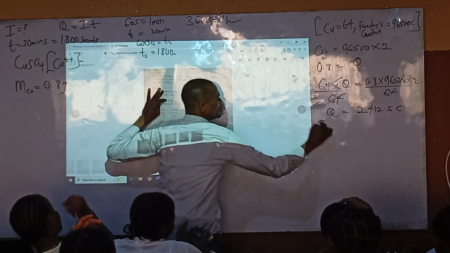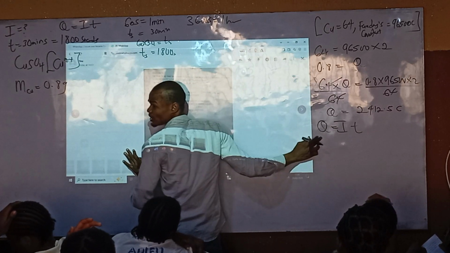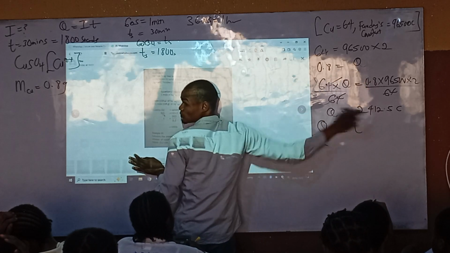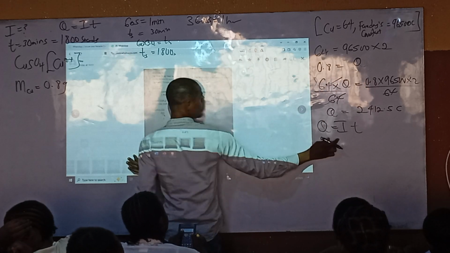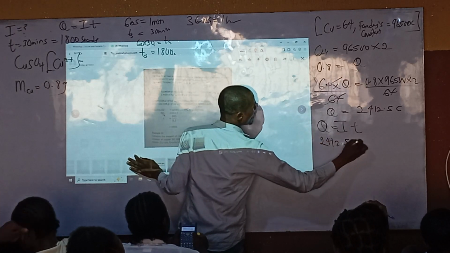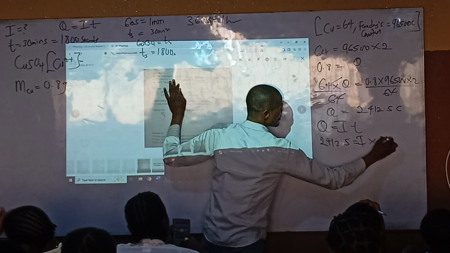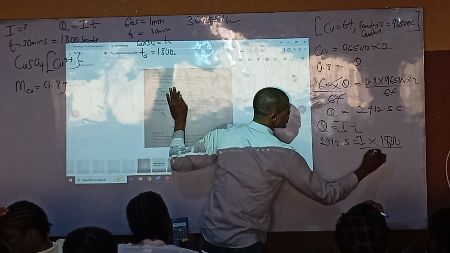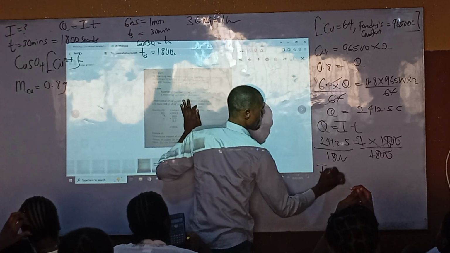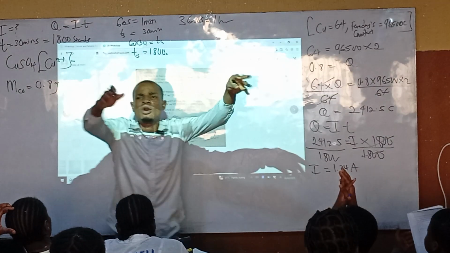And don't forget, Q equals IT, your quantity of electricity. You can put it here. That's what? I times T. Put the 2 here, so that's 2 times 96,500. I is what? Your time is what? Divided by what? Ampere. But another way, you don't want to waste time.